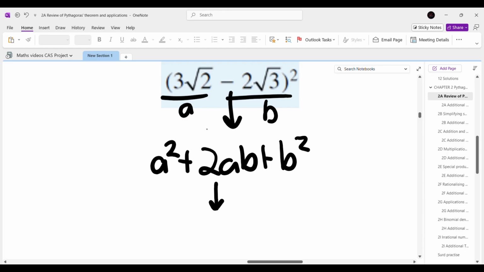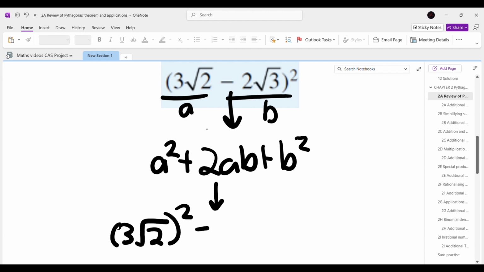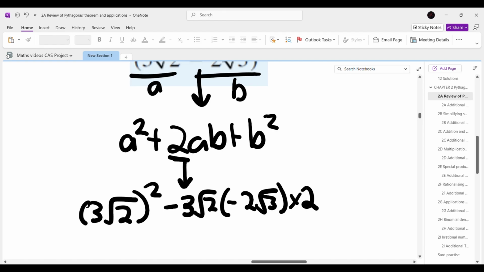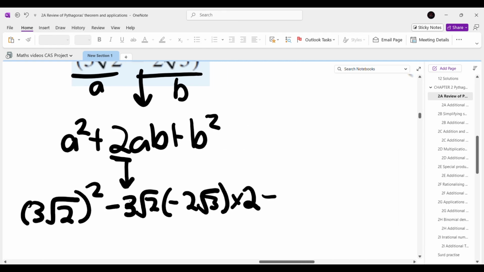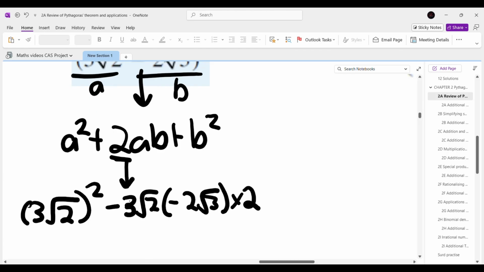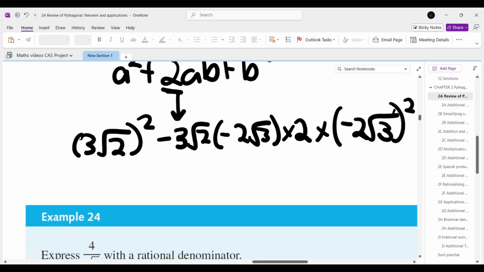So in this equation, we've got a squared, which is just this squared, minus 3 root 2 times 2 multiplied by 2, because obviously you have the 2ab there, minus, times minus 2 root 3 squared.